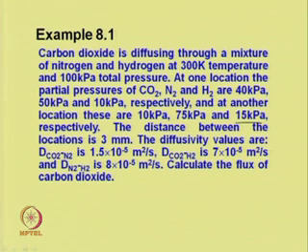The distance between these two locations is 3 millimeter. The diffusivity values are given. D CO2-nitrogen is 1.5 into 10 raised to minus 5 meter square per second, D CO2-hydrogen is 7 into 10 to the power minus 5 meter square per second, and D N2-hydrogen is 8 into 10 to the power minus 5 meter square per second at the respective temperature and pressure. Calculate the flux of carbon dioxide.